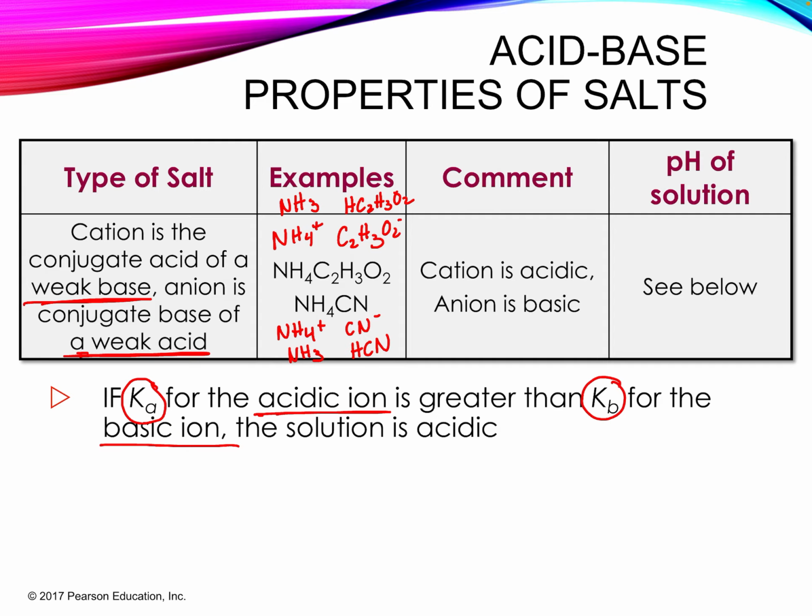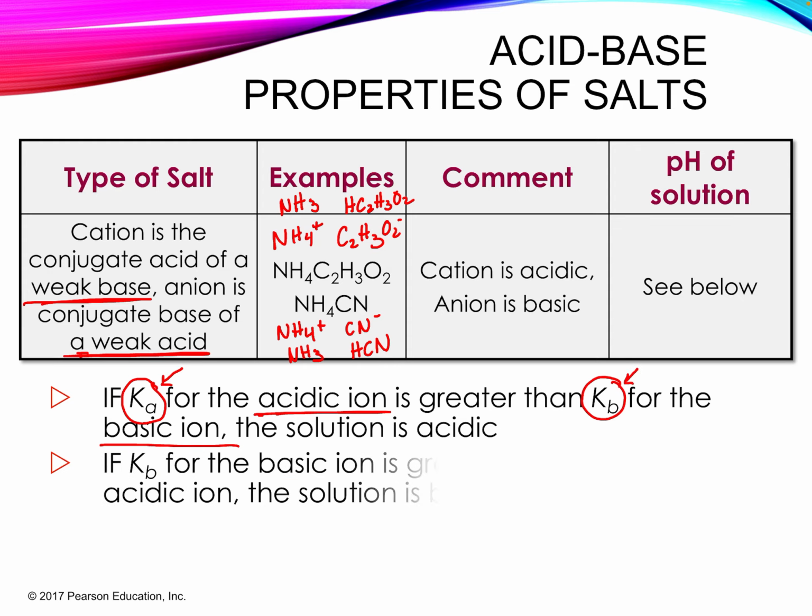So the one that ionizes water to a greater extent, then, that one wins. So like if we are going to produce more hydronium than hydroxide ions, it'll be acidic. But if the opposite is true, if we're going to produce more hydroxide ions than hydronium ions, then it will be basic.